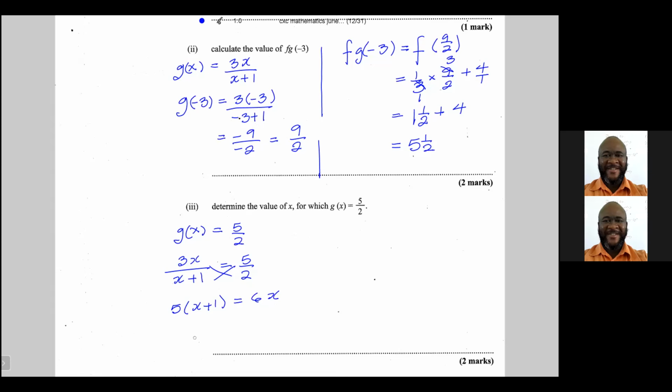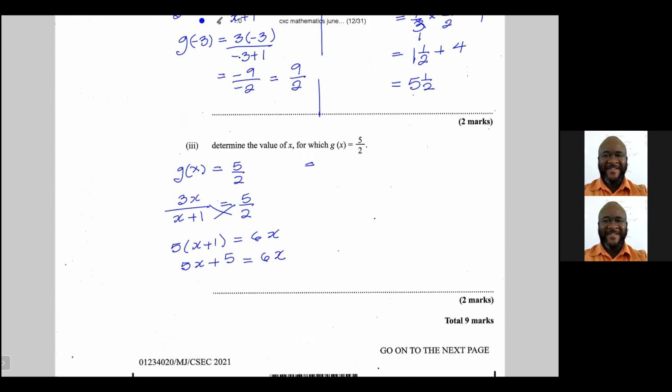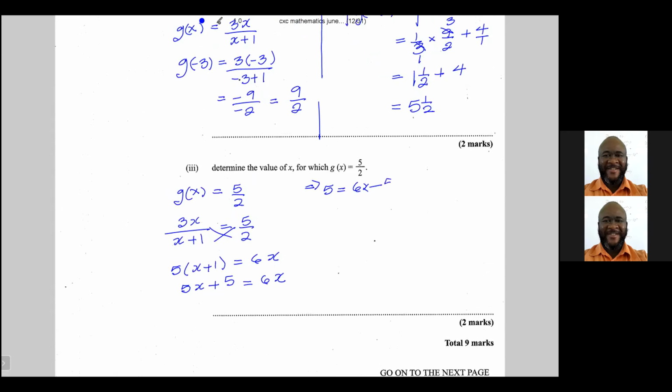Remove the brackets by applying the distributive law. This is 5x plus 5 times 1, which is 5, is equal to 6x. Let's solve this equation. Therefore, 5 is equal to 6x minus 5x, because the 5x on the left goes over to the right and becomes negative.